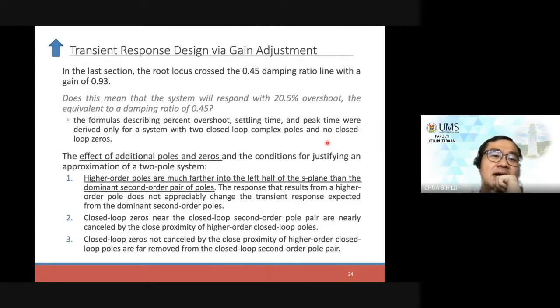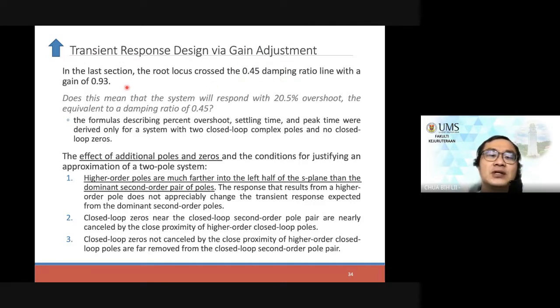So how can we use that for our design purpose? One way is to obtain a desired transient response by adjusting the gain. Adjusting the gain is the most common or basic control method. You just increase or decrease the K value so that it happens to meet your desired specifications.